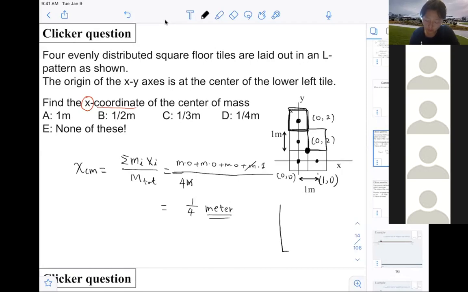If it were originally like this, I agree with you, center of mass exactly at 0.5. And now you put it here, then I can argue qualitatively that the center of mass should be shifted to the left and also upward, because more mass has moved left and up. But is it going to be exactly halfway?